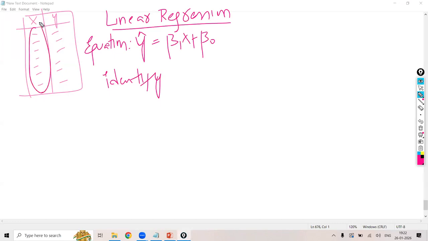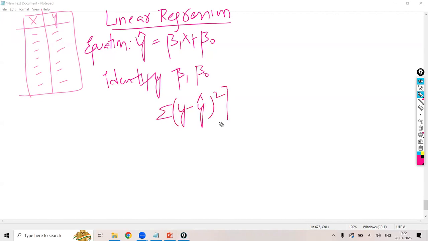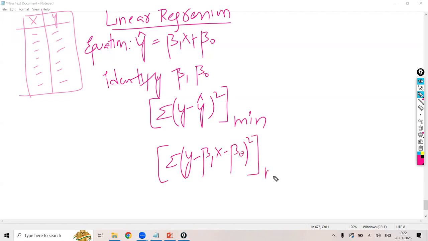The unknowns are beta 1 and beta naught. Identify beta naught and beta 1 such that the sum of the squares of error is minimum. That is, y minus beta 1 x minus beta naught, whole square, should be minimum.